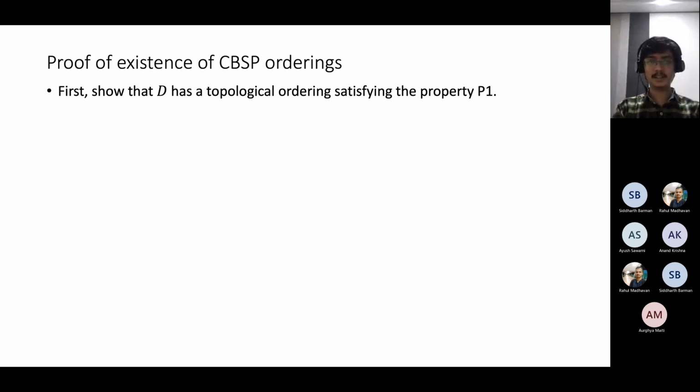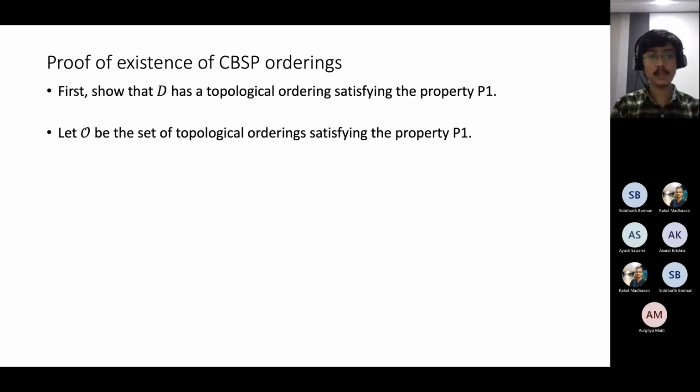But the main part is to prove that if there is an ordering that satisfies property P1, the clique block property, we show that there must be an ordering which also satisfies the shared parents property, or property P2.